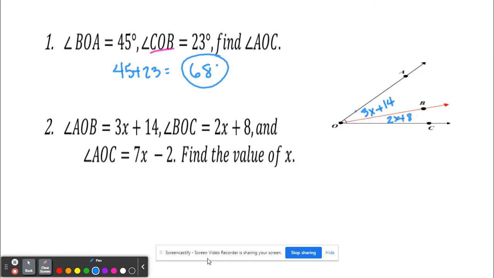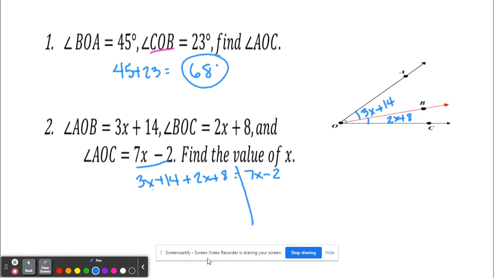These two angles added together equal the big angle, which happens to be 7x minus 2. So I've got 3x plus 14 plus 2x plus 8 equals 7x minus 2. And so now I'm ready to solve.